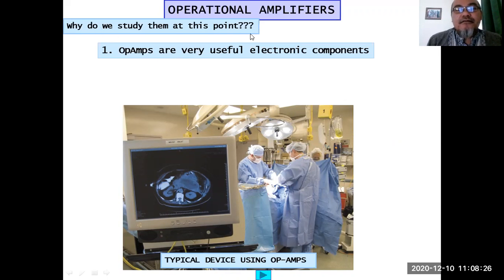So why do we study operational amplifier at this point? Because op-amps are very useful electronic components. Many biomedical instrumentation use op-amps at the various stages of the instrumentation.